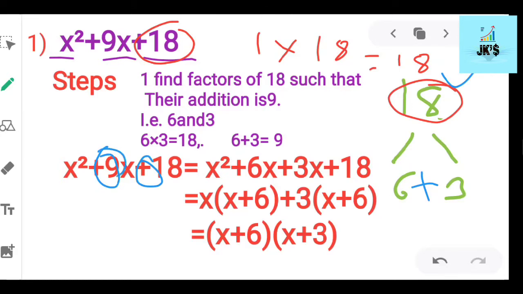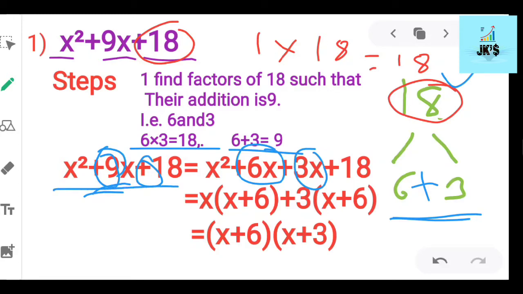Those factors are 6 into 3, that is 18, and 6 plus 3 is 9, means this 9x is written as 6x plus 3x. So our quadratic trinomial becomes x square plus 6x plus 3x plus 18.